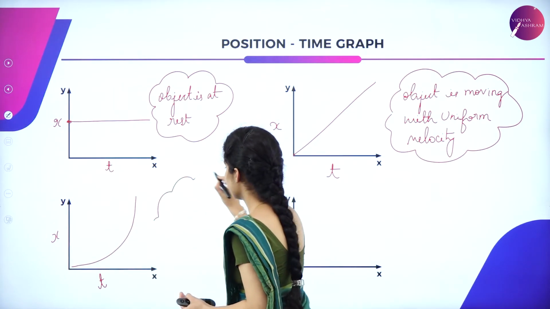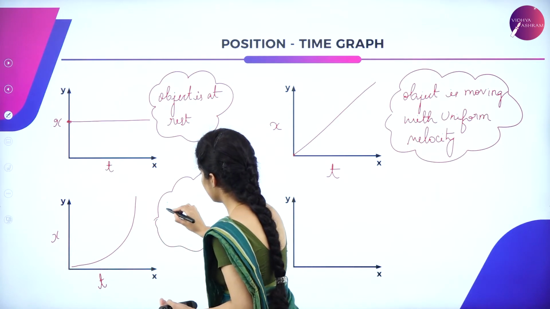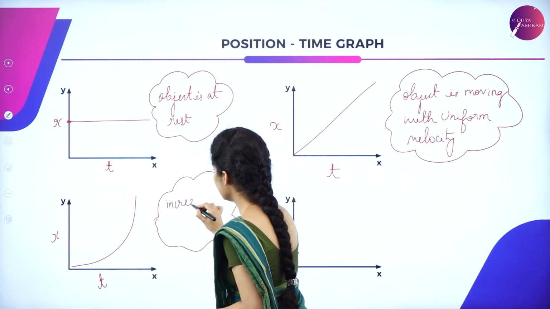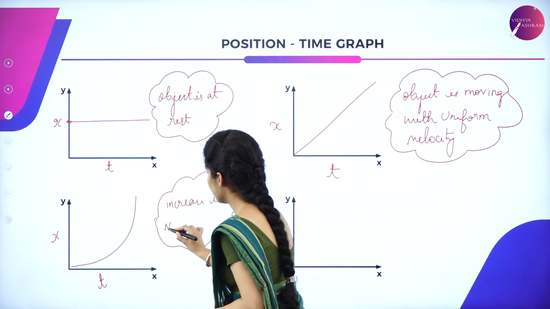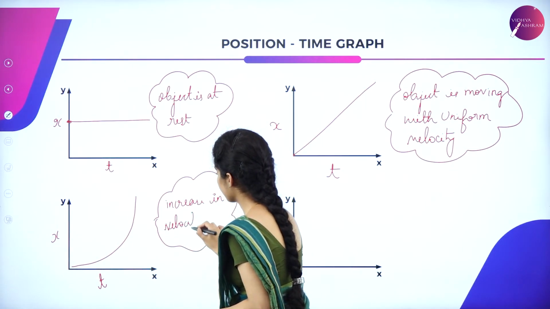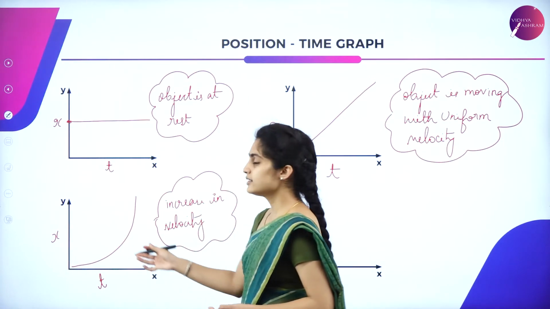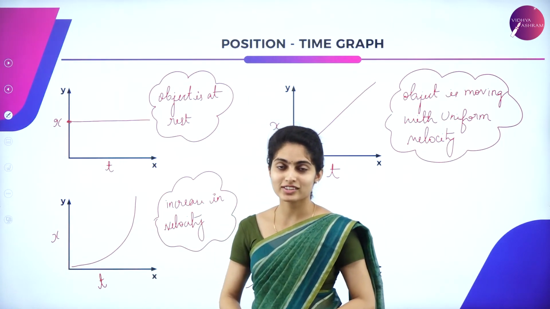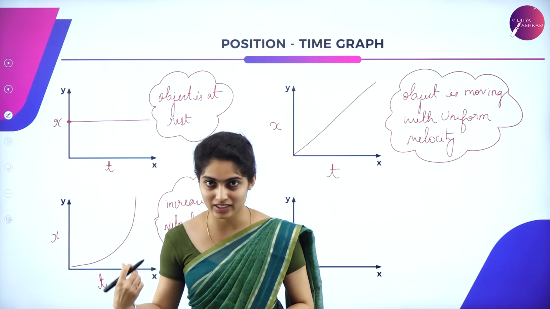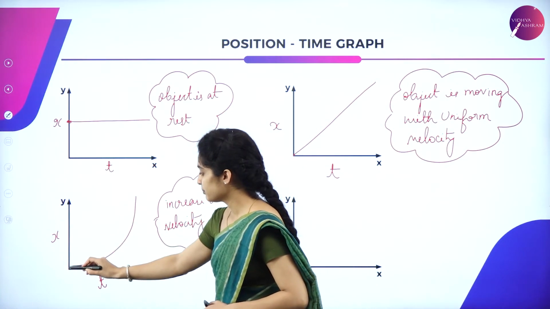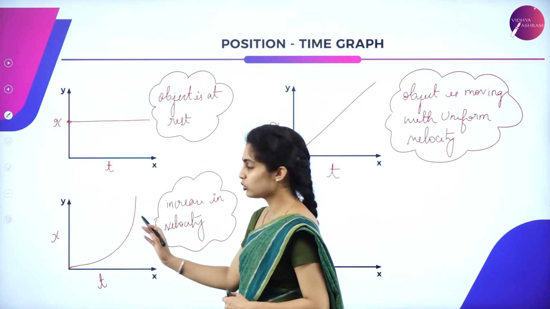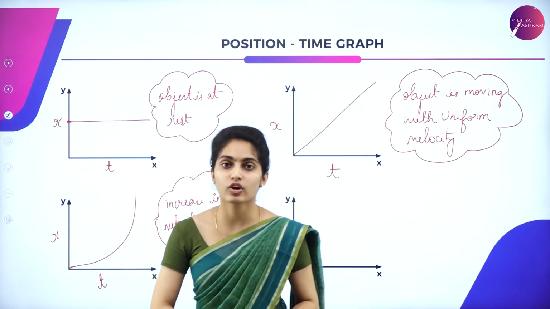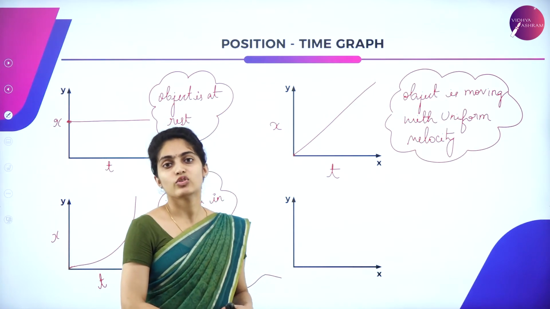So there is an increase in velocity. Here there is an increase in the velocity because, again, it is the change in position with respect to time, and it is half of a parabolic curve. So it is just increasing. There is an increase in velocity.